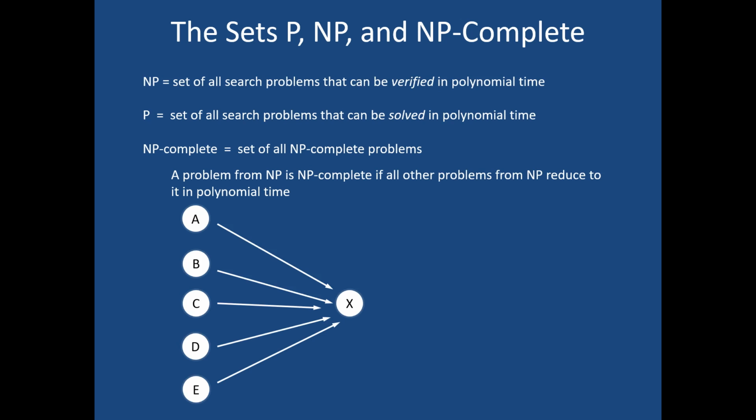This is why it works. So let's suppose X is NP complete. And let's suppose we show there's a polynomial time reduction from X to Y. Why does that let us conclude that Y is NP complete?